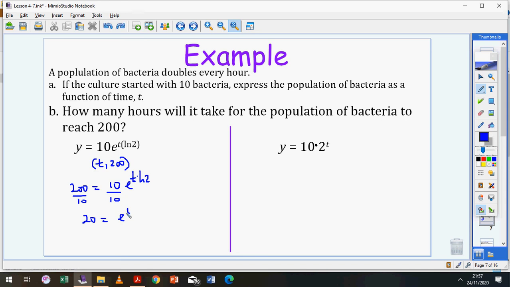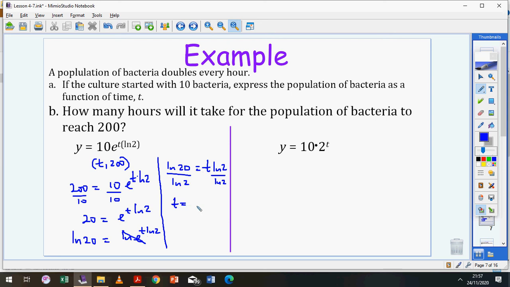If I want to get rid of the e, I'll introduce natural log both sides. So natural log 20 is equal to natural log e to the power t natural log 2. Simplify that, and I have natural log 20 is equal to, natural log e cancels out, so I'll just have t times natural log 2. Divide both sides by natural log 2. So t is equal to natural log 20 divided by natural log 2.